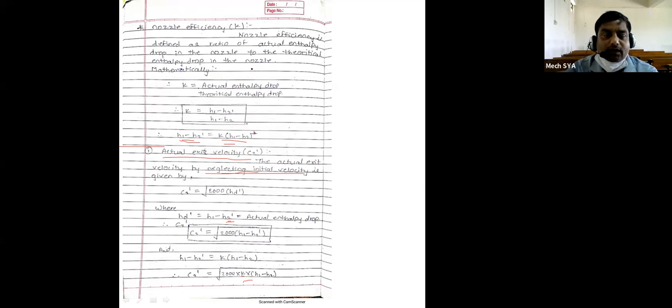Please mention understand and complete this. Or I can write c2 dash is equal to 44.72 into the square root of K into hd, or c2 dash is equal to 44.72 into the square root of K into h1 minus h2.